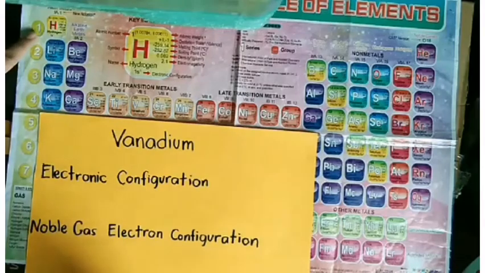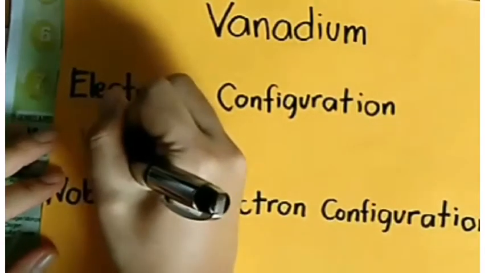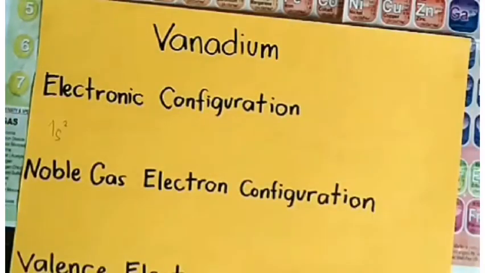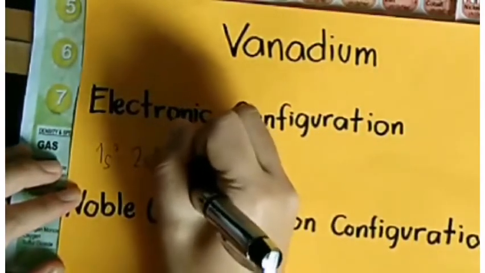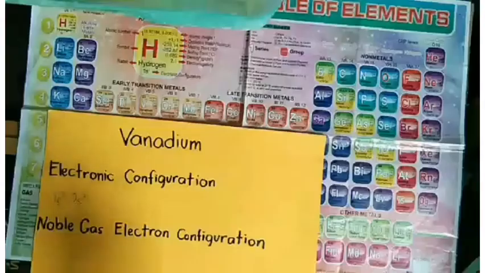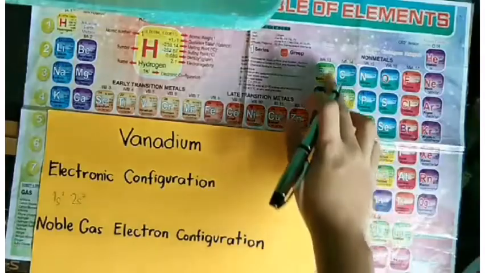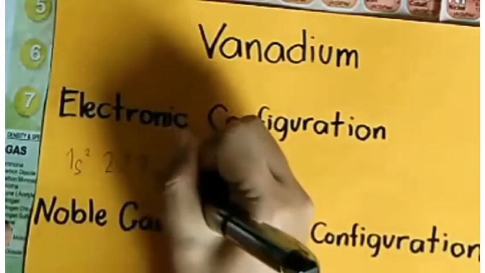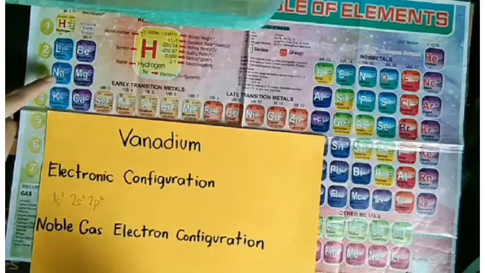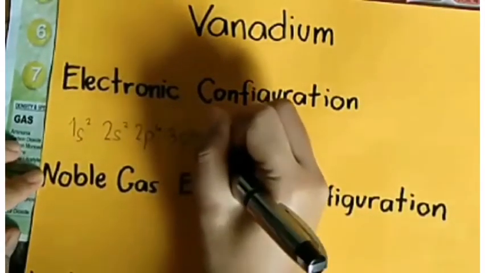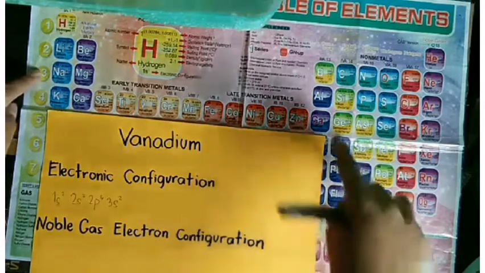Here, 1S2, 2S2, 2P6, because there are 6 electrons, 3S2, 3P6.